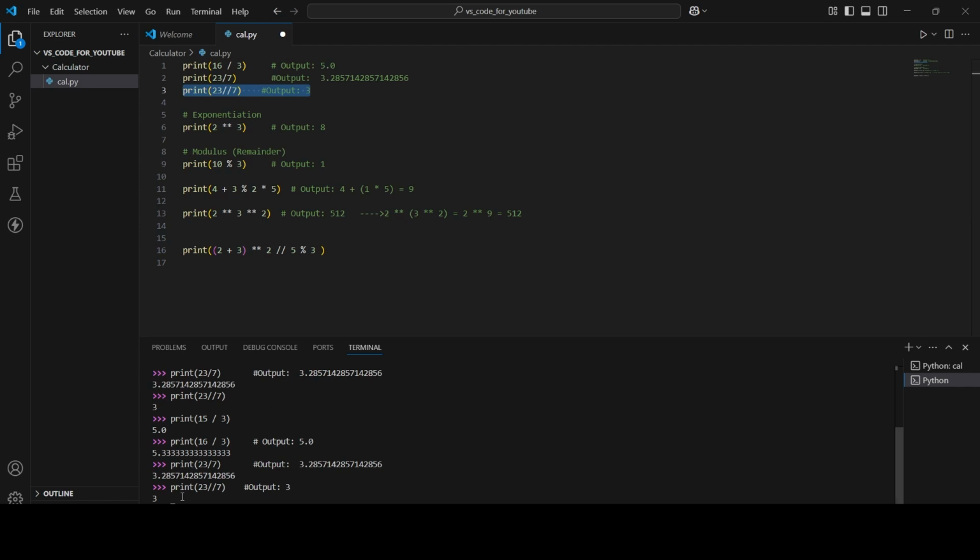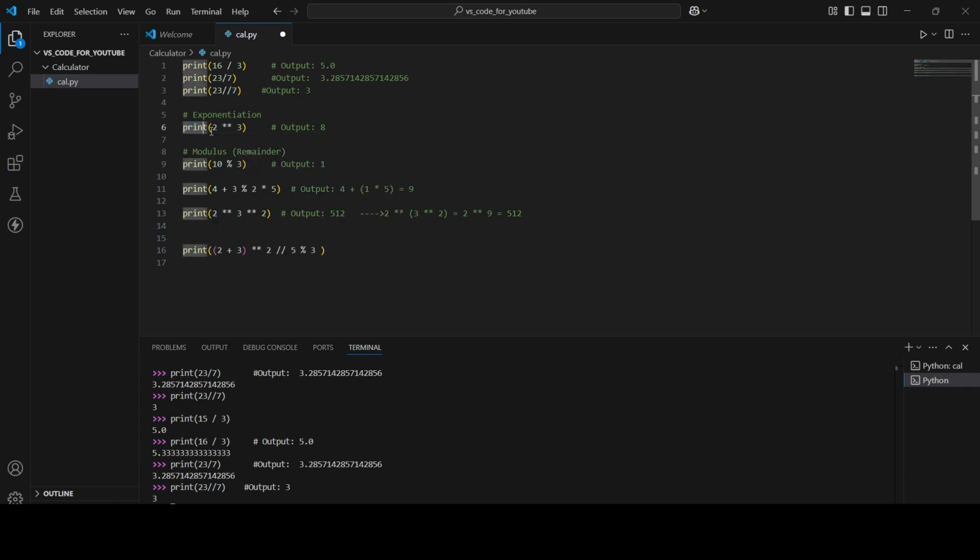That is 3. You can see the difference between the integer and float division here. Integer division gives only the integer part, but the float division gives the entire decimal part.